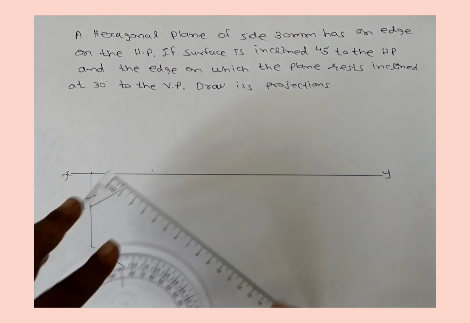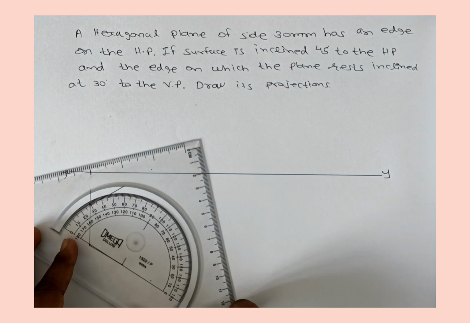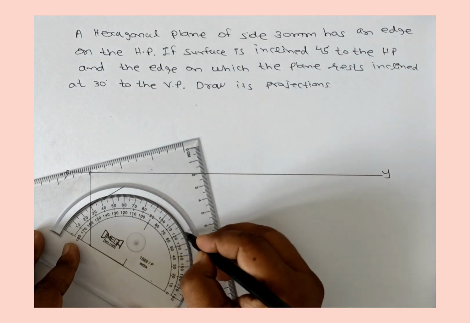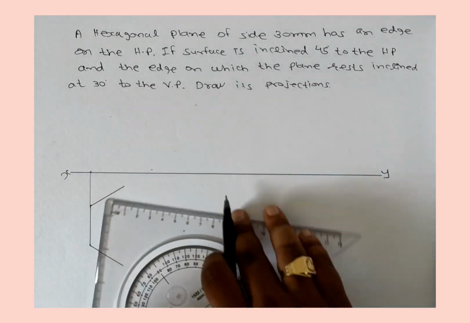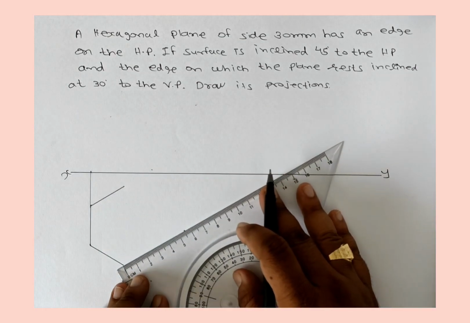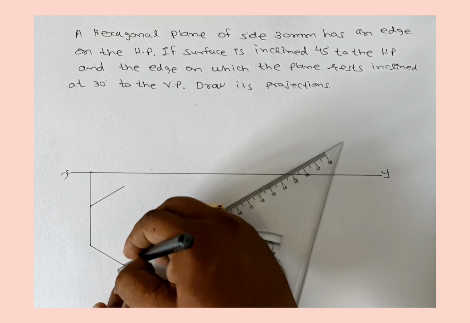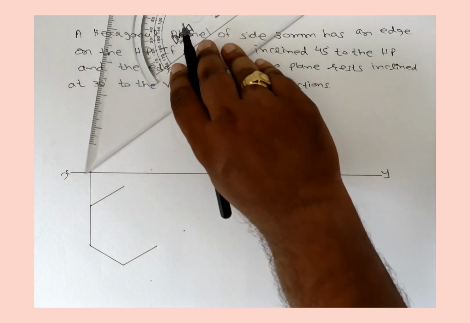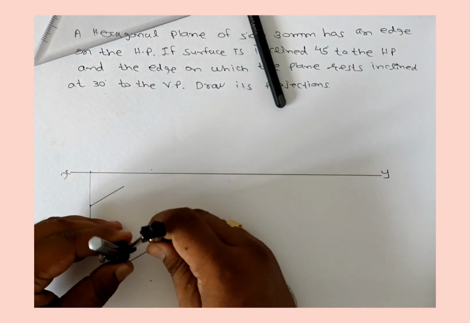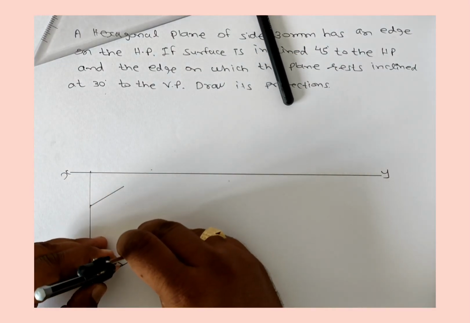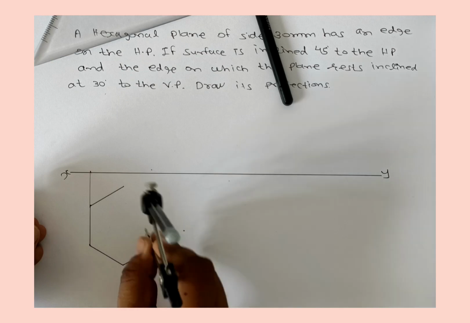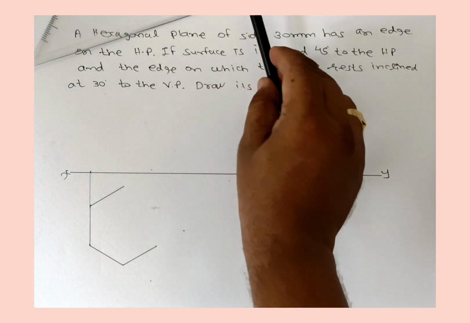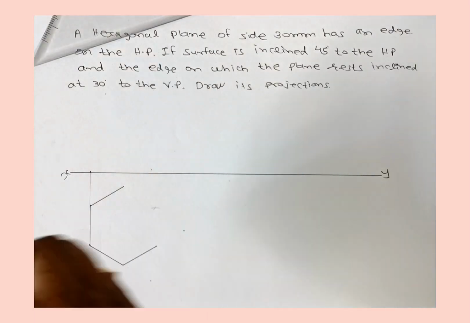Now again you have to take the 120 degree from this side, and draw a 30 mm line. For the rest, you can draw the arc. If you don't want to measure the angle, you can make such kind of arc which will intersect each other.